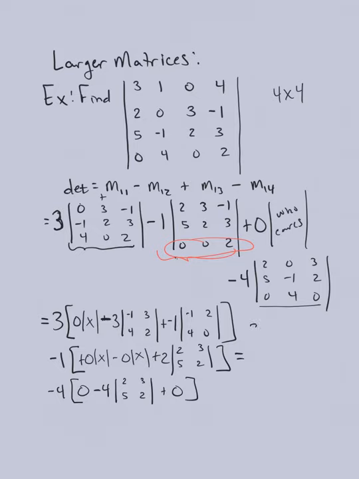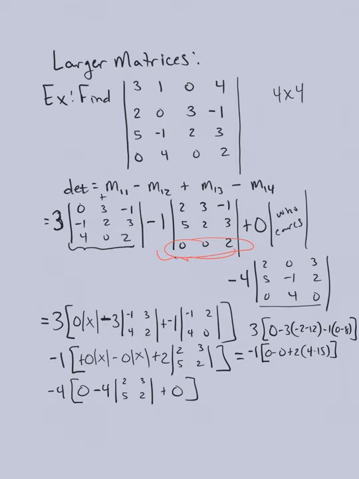And so we have 3 times 0 minus 3 times negative 2 minus 12. And then minus 1 times 0 minus 8. There's my first part of the calculation. And then I have minus 1 times 0 minus 0, and then plus 2 times 4 minus 15.